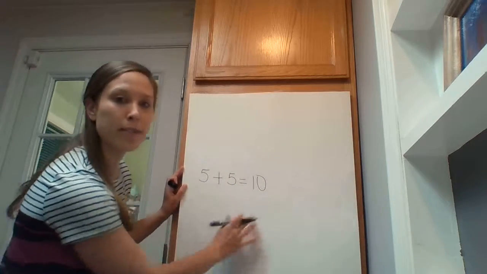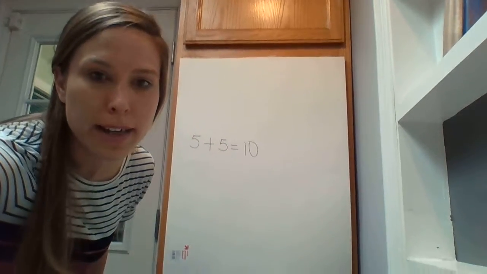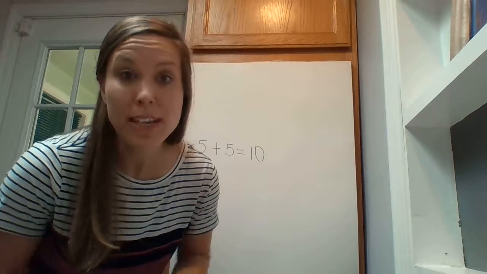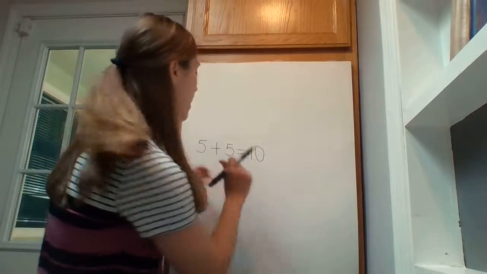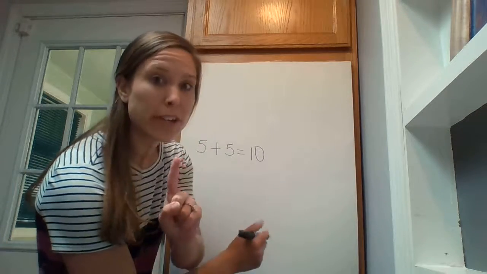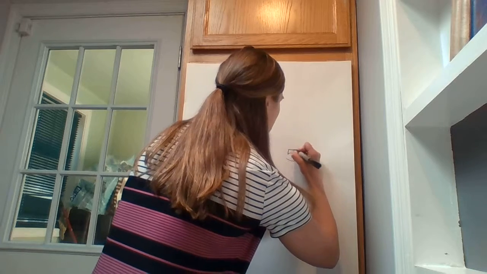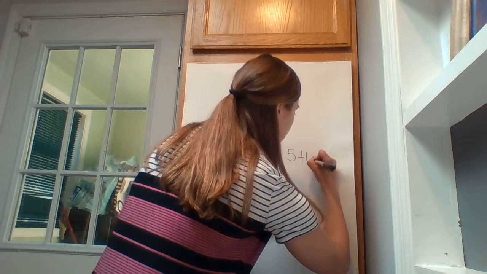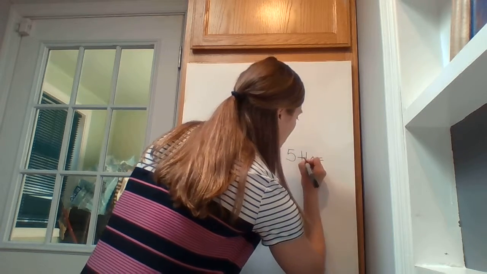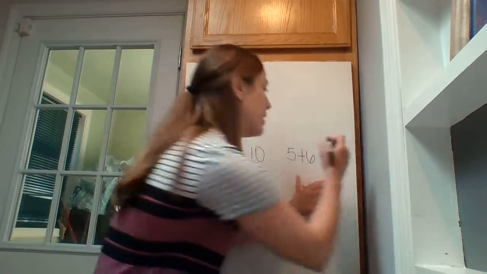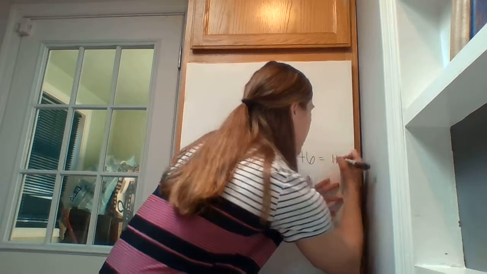So that is our doubles example. If I were to change this to a doubles plus one, the 1 digit would change to 1 digit higher. That would change to 5 plus 6. And since it is just one digit higher, that answer would now be 5 plus 6 is 11.